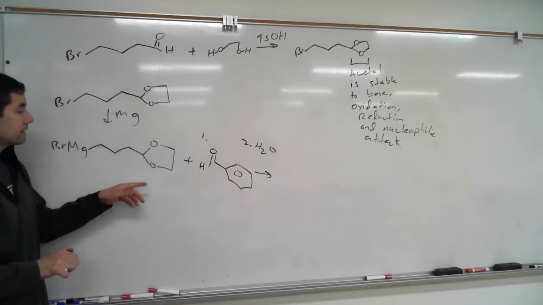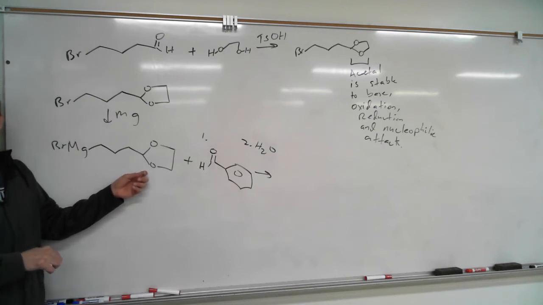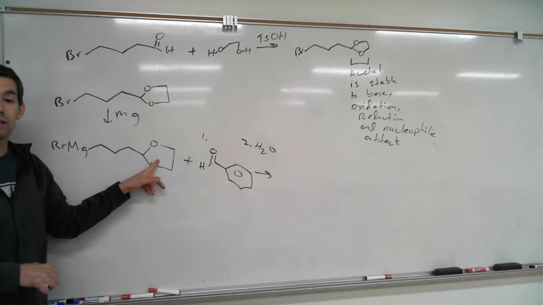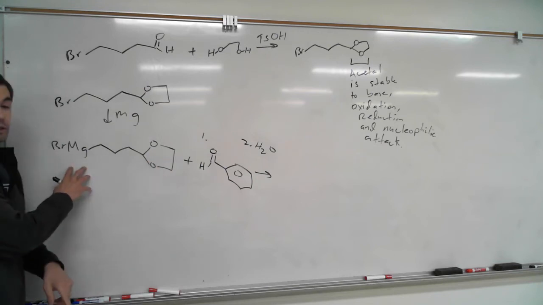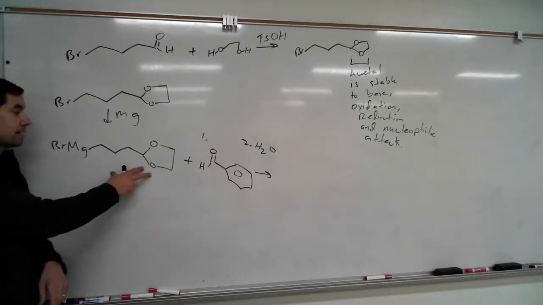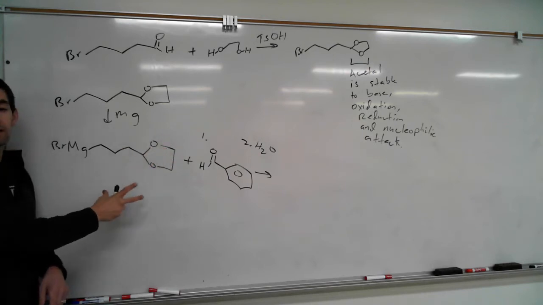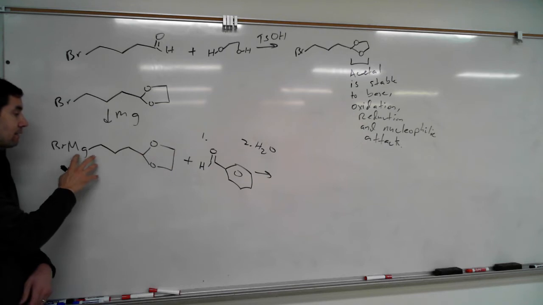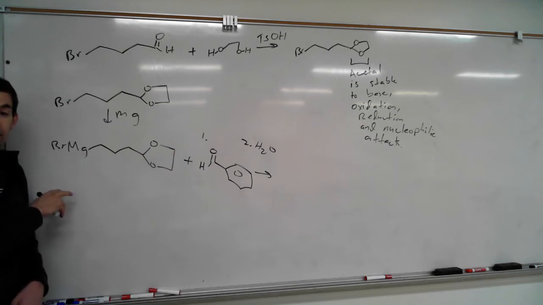If we didn't have the acetal here, and this was just the aldehyde, you can imagine all the extra reactivity we have. This wouldn't be very stable to having a Grignard on one side of it. So by protecting it, we basically made this whole functional group inert. It's not going to be reactive at all. So now all the reactivity will happen on this bromine side, the side we're interested in.